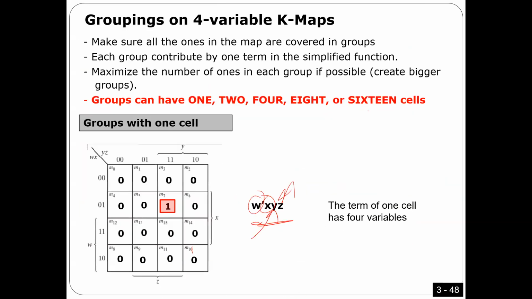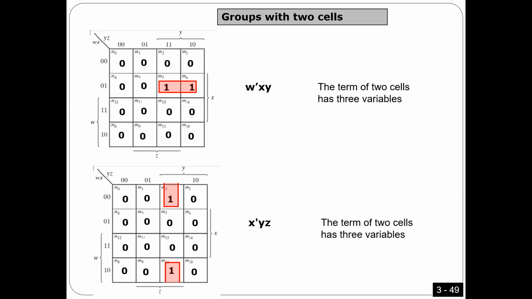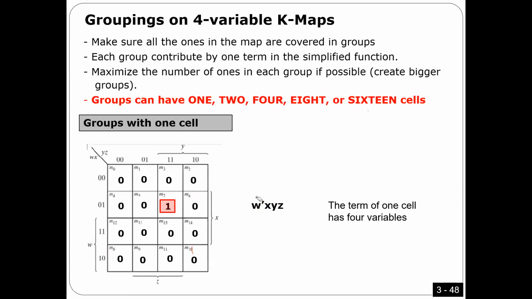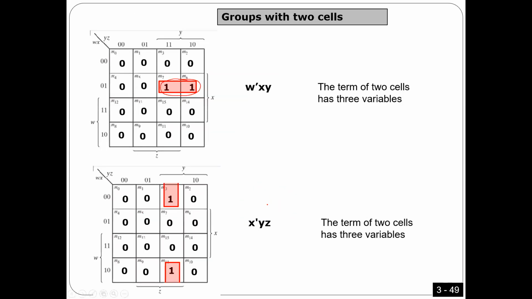So now if I can make a group of two squares, how can I do it? Neighbors. This one has to be a neighbor to this one to create only one group. As you see here, once you create one group, you can eliminate one variable. Instead of 4, it's going to become 3. Now given this group, how can you get this term from here?